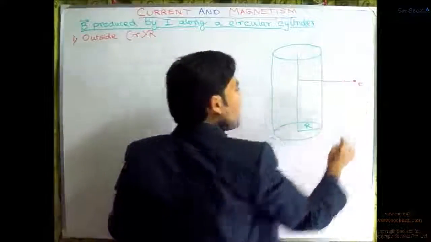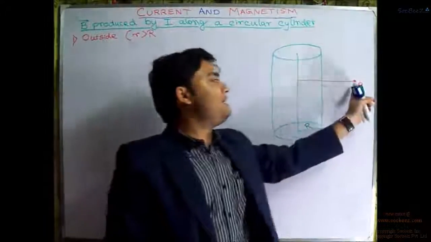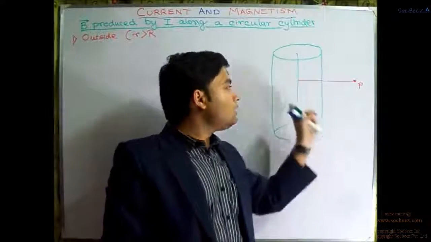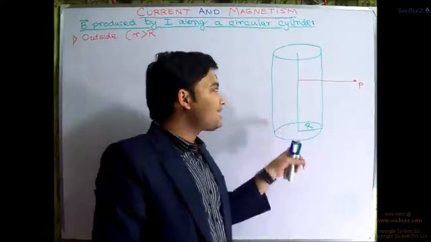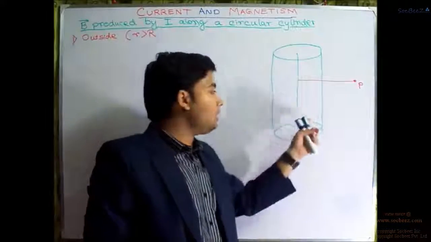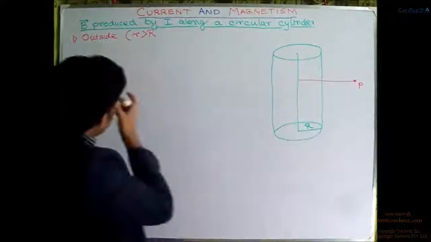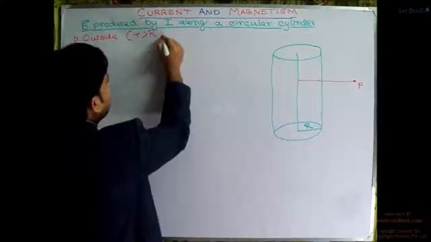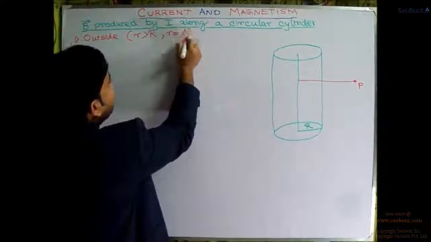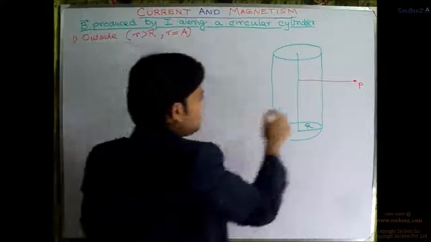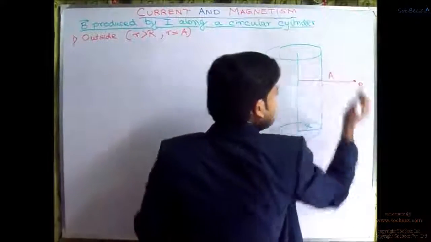So we shall say that the distance between this P and the axis of the cylinder is simply greater than or equal to capital R. Or we can take over here that the value of r is equal to capital A. Right?